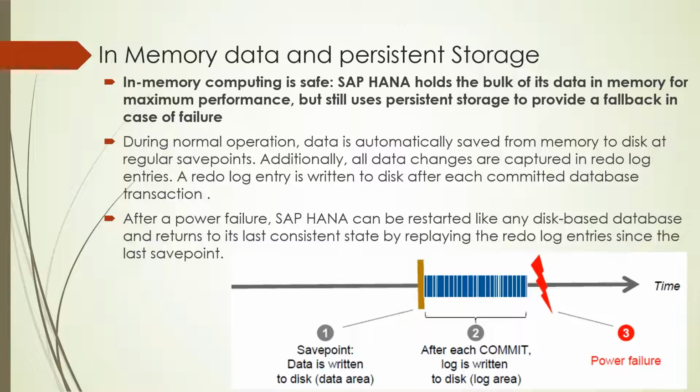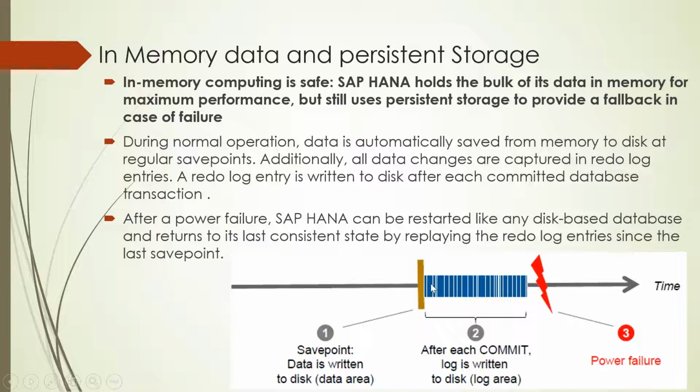So consider that after a power failure, the SAP HANA database restarts like any disk-based database and returns to the last consistent state by replaying the redo log entries since the last savepoint. The meaning of this is, here is your HANA database, and here you have the savepoint. The savepoint is executed every 5 minutes, and between two savepoints we have the redo logs.